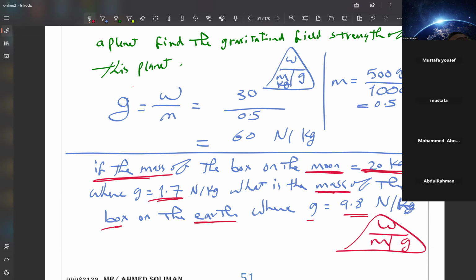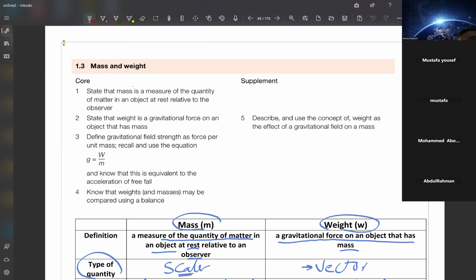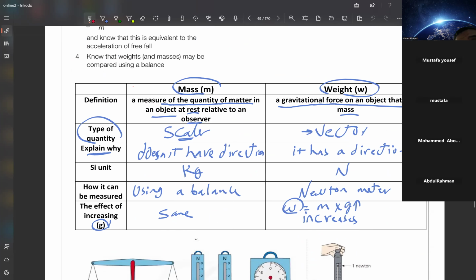Okay? This is why, now, let's move again to the table. Abdurrahman, pay attention. If G increases, what does it mean if we change planet? What happened to the mass, Abdurrahman? It stays the same. But weight will be affected, because weight depends on the gravitational field strength.